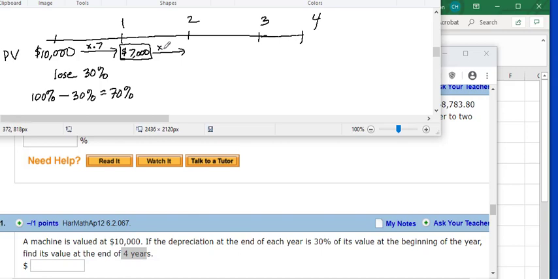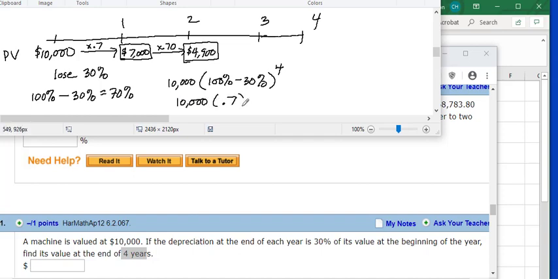So if it loses 30%, it keeps 70%. And now it will only be worth 4,900. I can make this go faster if I just start with the $10,000 and I think of 100% minus 30% every year for 4 years. That would be 10,000 times 70%, make it a decimal, to the 4th. After 4 years of that depreciation, your final value will only be $2,401.